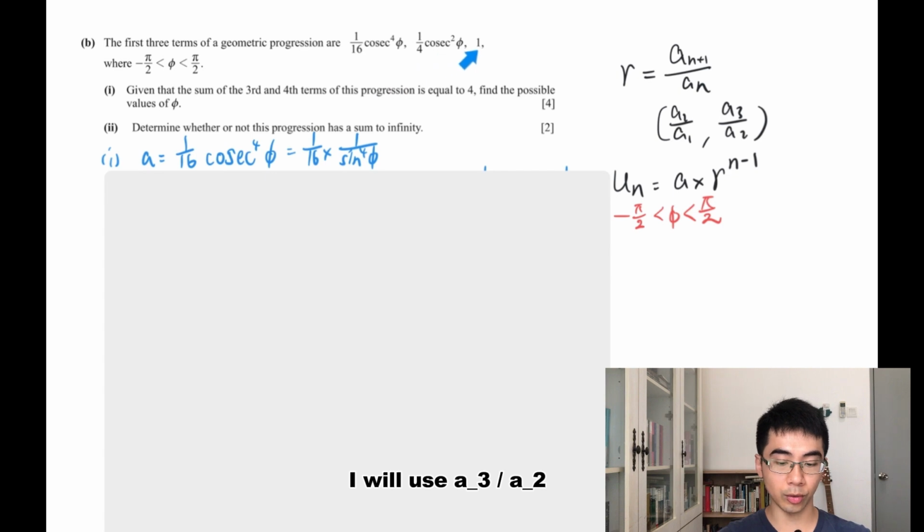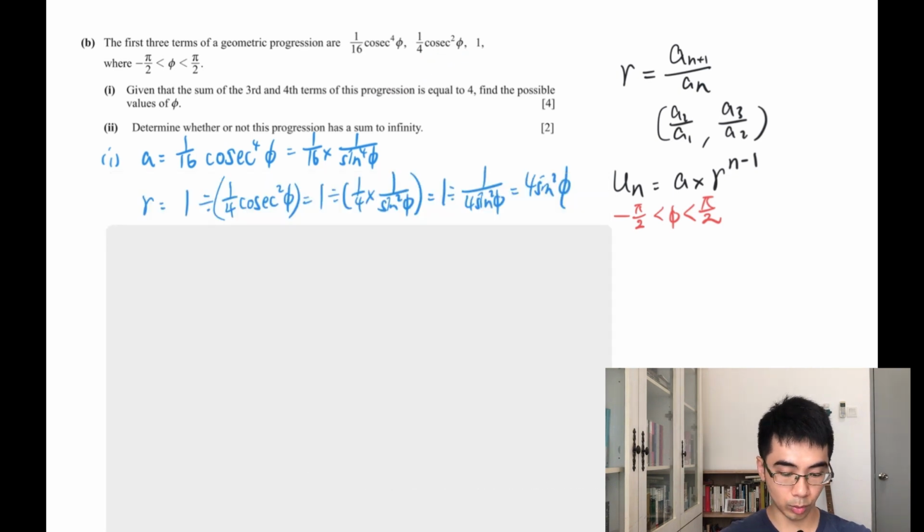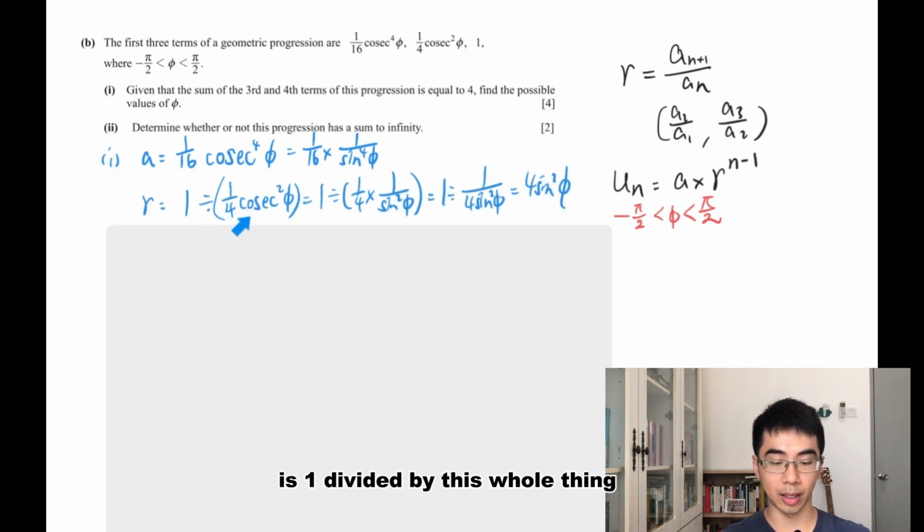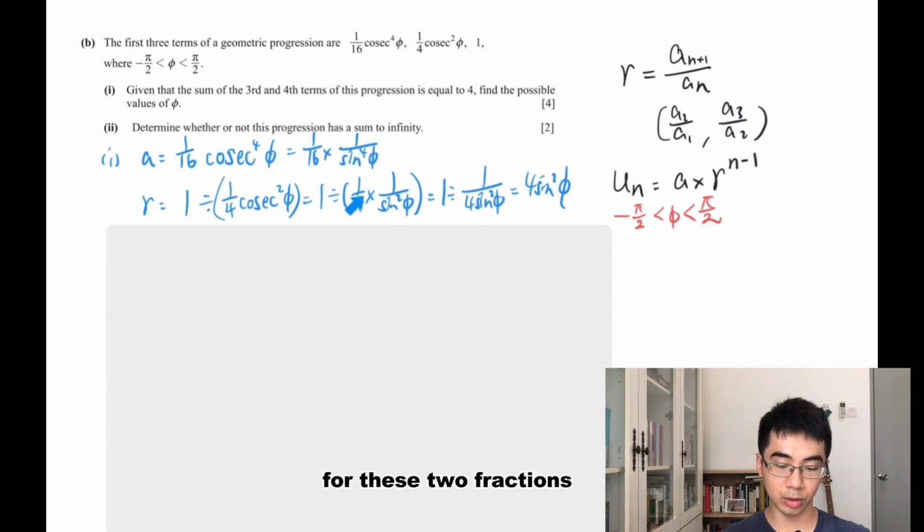I will use the third term divided by the second term, which is 1 divided by this whole thing. Similarly, I will make this into sine, which is 1 over 4 sine square phi. And 1 divided by this fraction will just give you 4 sine square phi. So now we have a and r.